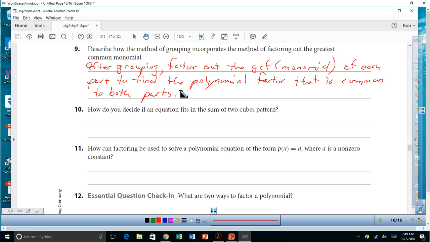And unless it's irreducible, it is almost always the greatest common factor.